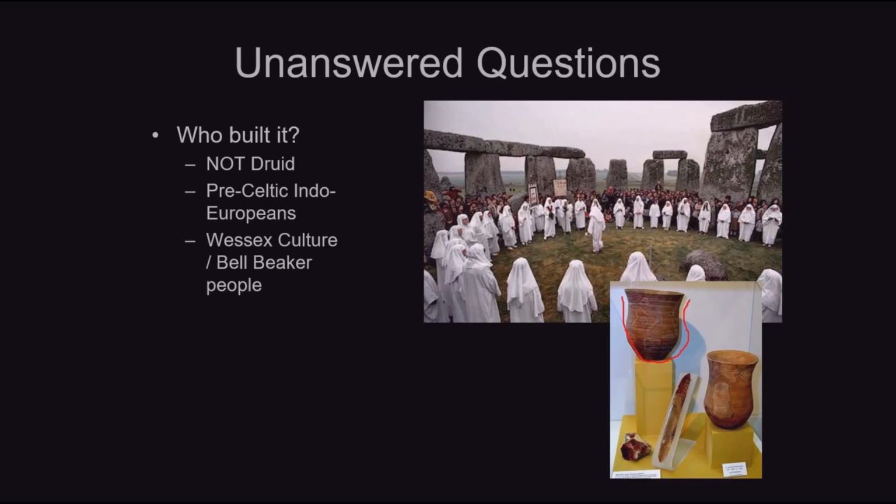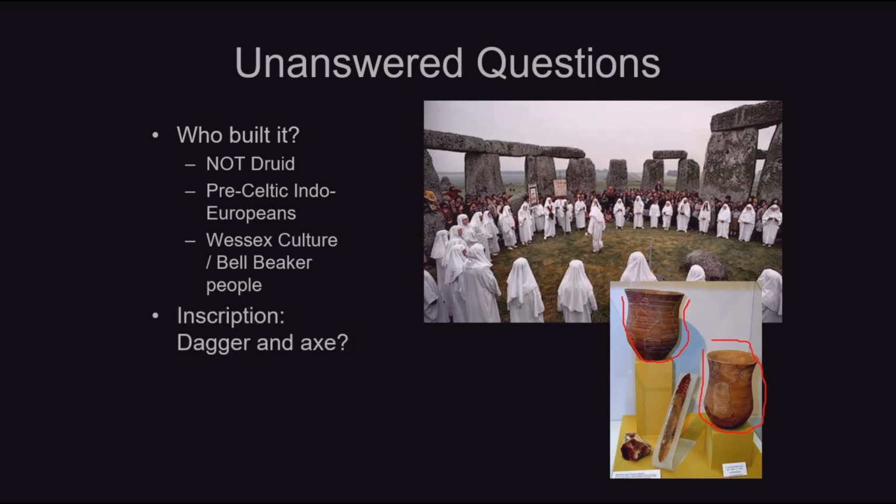And so the drinking cup is called a beaker. And they may have done it. I think the thinking today is that the Beaker people actually replaced the people who built this. Because it seems that once the Beaker people show up, most of these monoliths stop being worked on and end up being abandoned. So they were a new culture that came in and conquered the culture that built these.